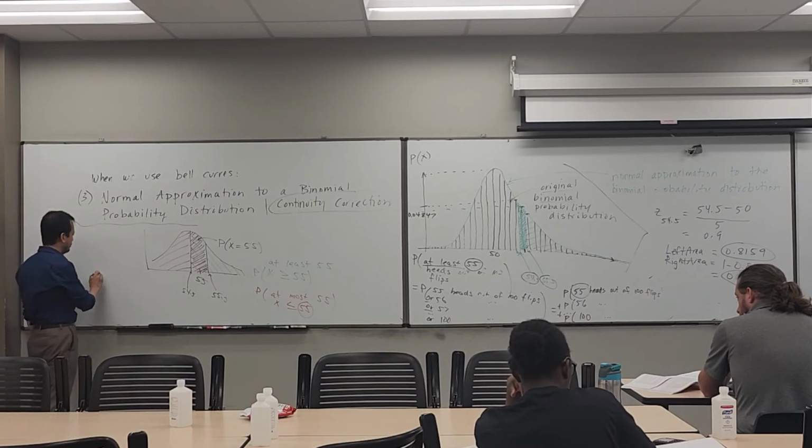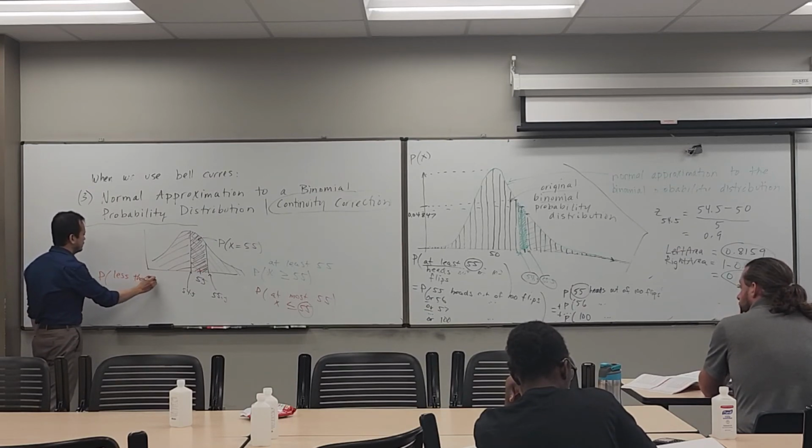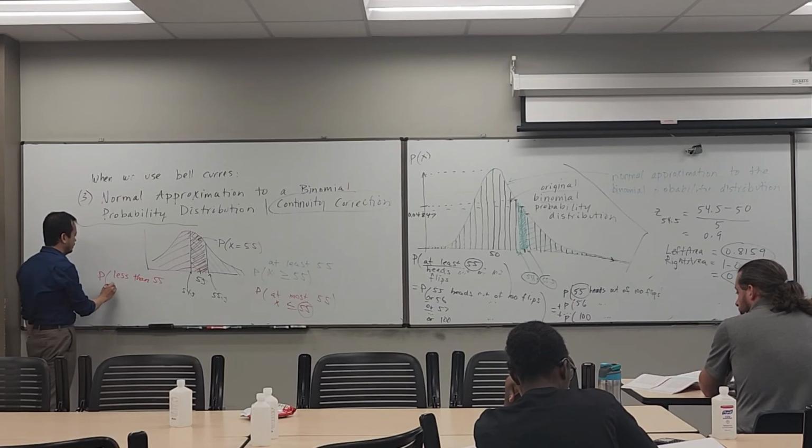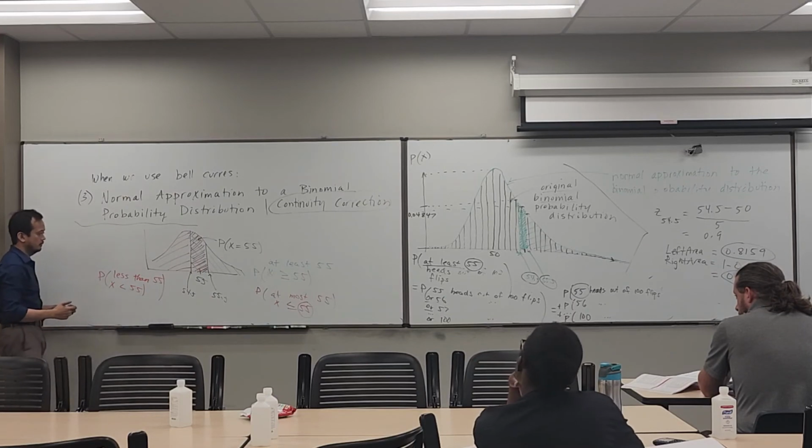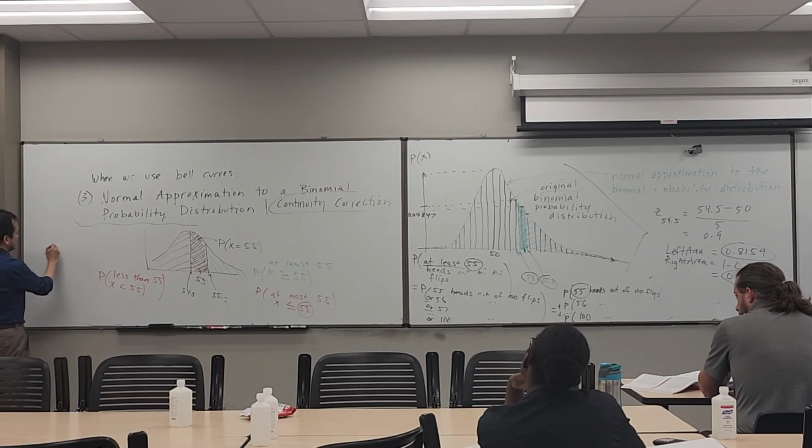So what if we wanted the probability that x is strictly less than 55? Let me do another picture.